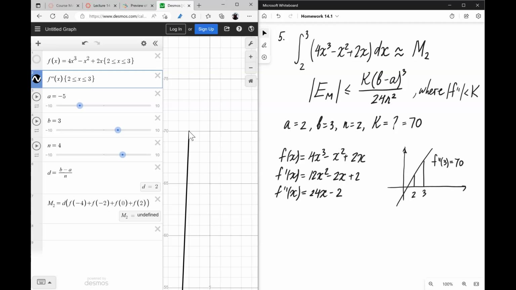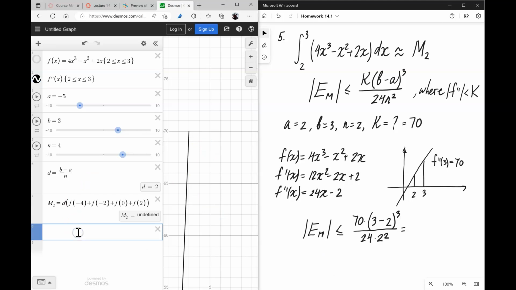Now we have everything. So the upper bound for the error in this midpoint approximation can be computed by plugging in 70, b, a, n, and we can do this by hand, but there's nothing wrong with using technology.